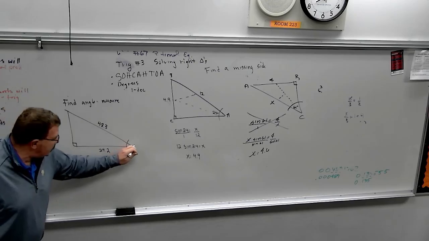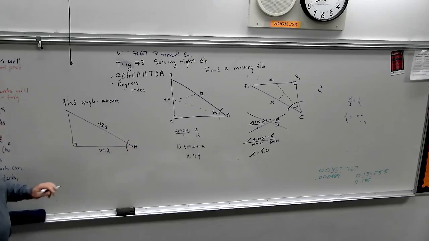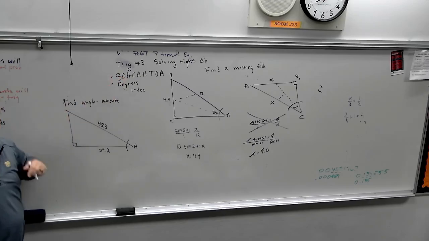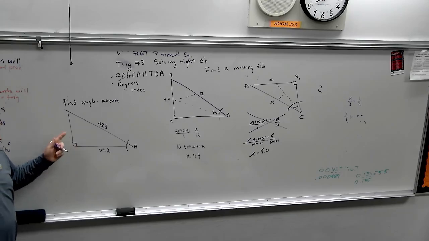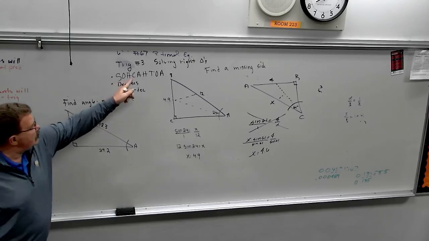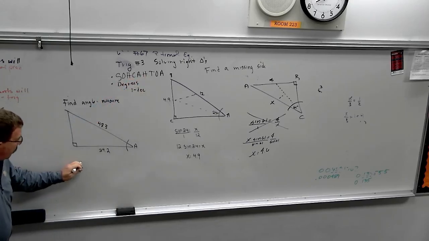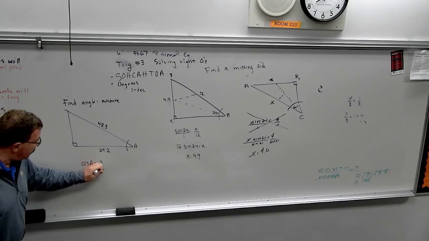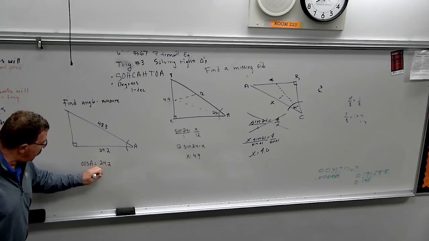First off, we'll just call this angle A. What 2 side measures am I given? What trig function am I going to use? I'm going to use cosine, because this is adjacent and this is hypotenuse, which is cosine. So cosine of A equals adjacent over hypotenuse.